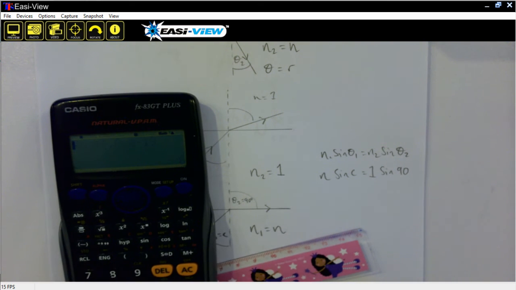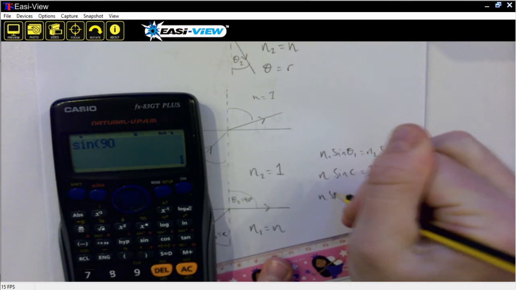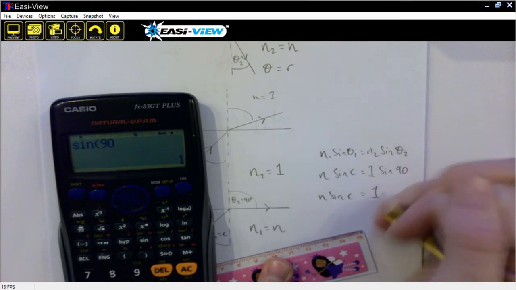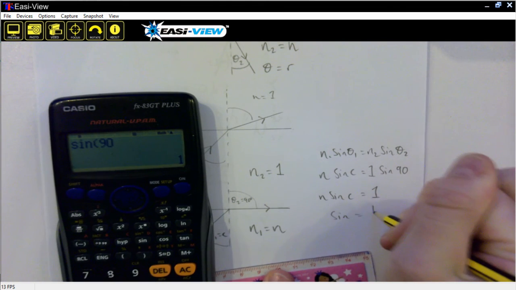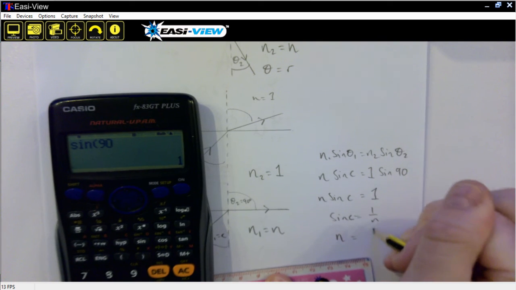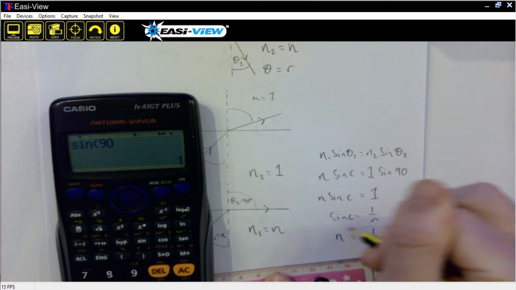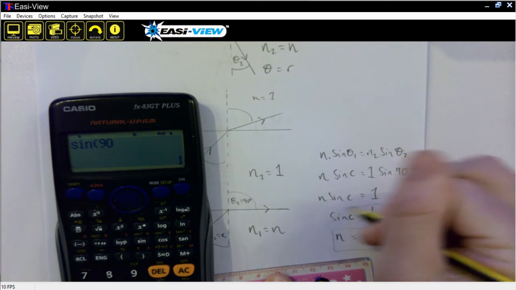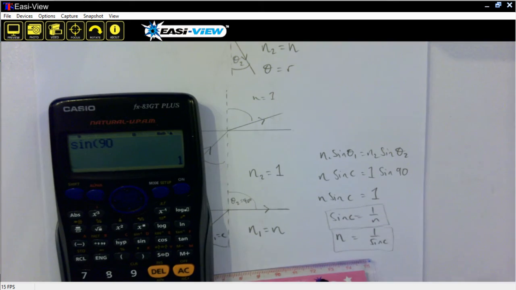You may be saying the sine of 90 is 1, and that's right. So we end up with n sine C equals 1. Therefore, sine C is 1 over n, or n equals 1 over sine C. So again, we can see our old friends from GCSE reappearing as a special case of this more general formula.